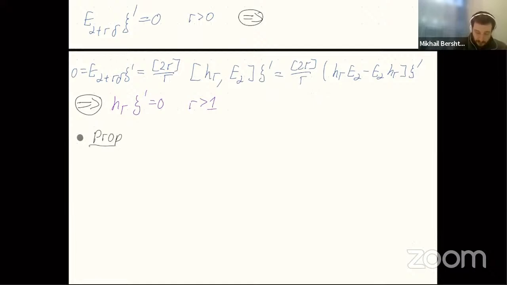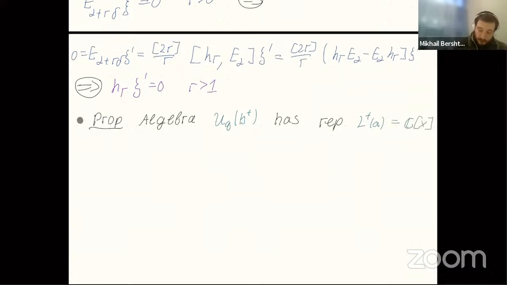It says that the algebra UQ of B plus has the following representation, L plus of A, where the representation space is defined as the space of polynomials, and the action is given as follows.